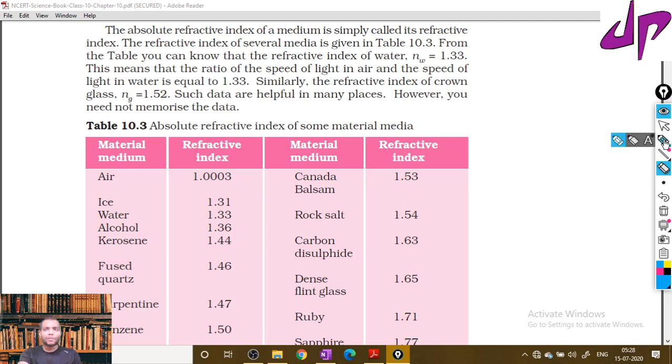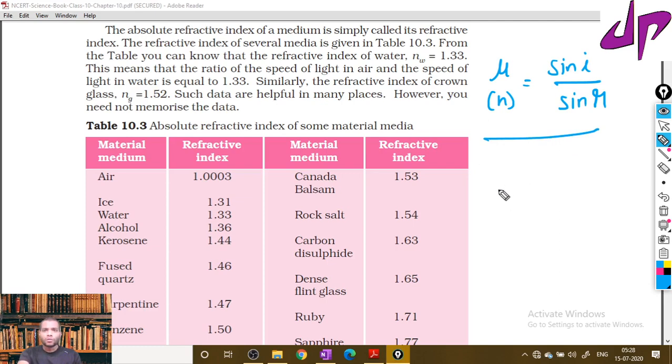So this is the second formula regarding the refractive index. We already got one formula, so that is the refractive index mu or n equal to sin i by sin r. So with the help of sine of angle of incidence to sine of angle of refraction, we can find out refractive index. Or now we can use refractive index mu equal to, or we can use a symbol, both are the same.